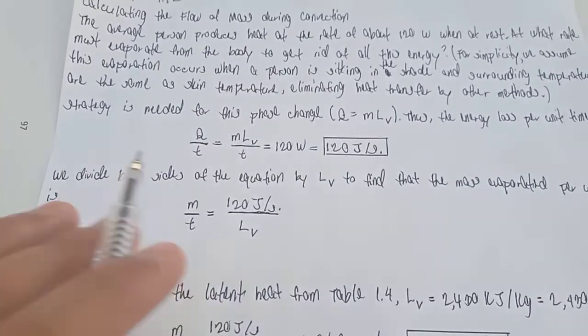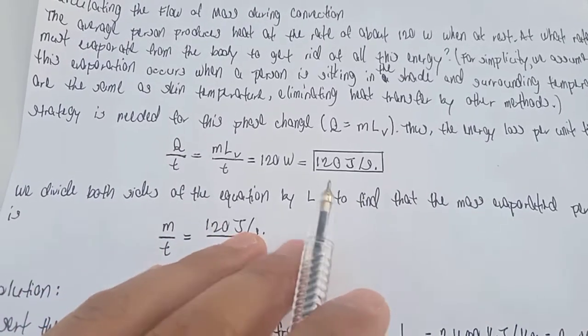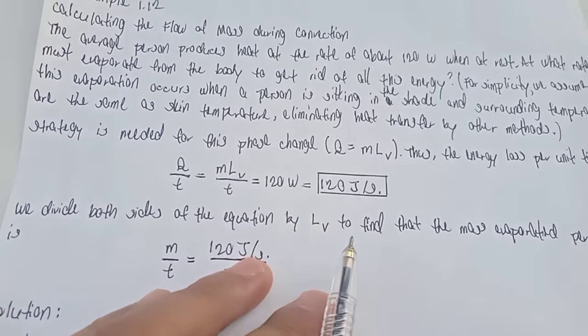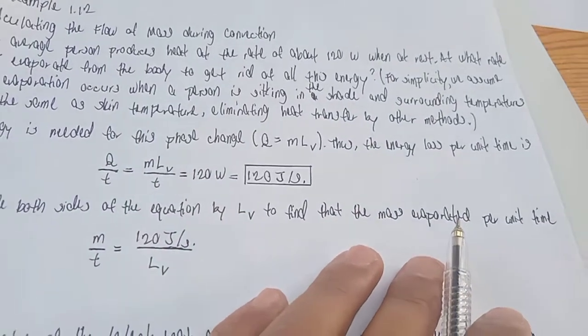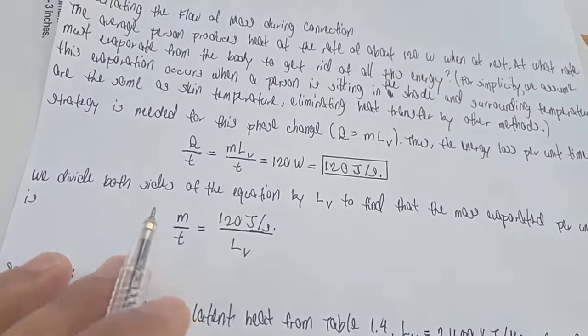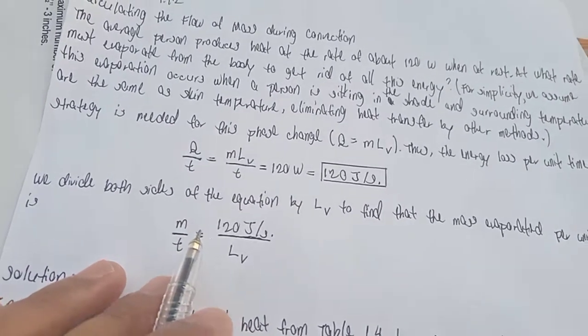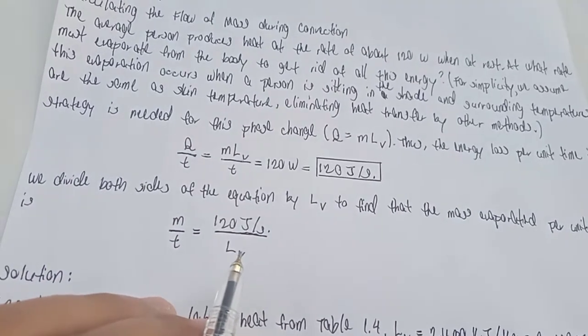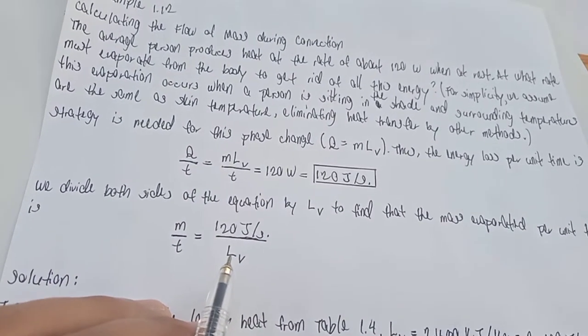We divide both sides of the equation by L_V, or L evaporation, to find that the mass evaporated per unit time, mass over time, is equal to 120 joules per second over L_V.